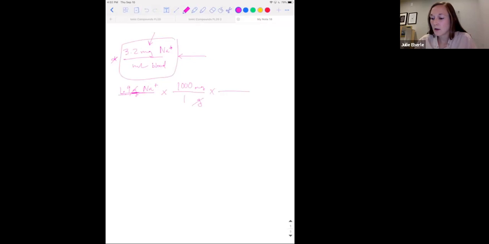For every 3.2 milligrams of sodium, we're going to get 1 mL of blood. So grams of sodium cancels, milligrams of sodium cancels, and we'll be left with milliliters. Does that help?